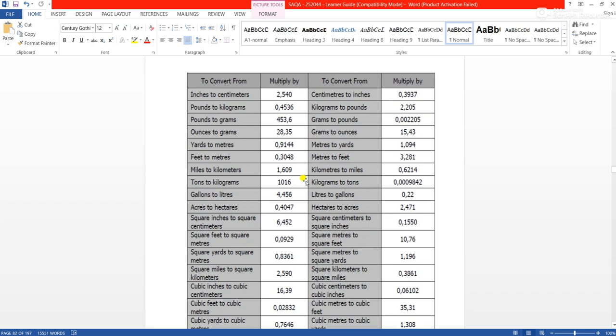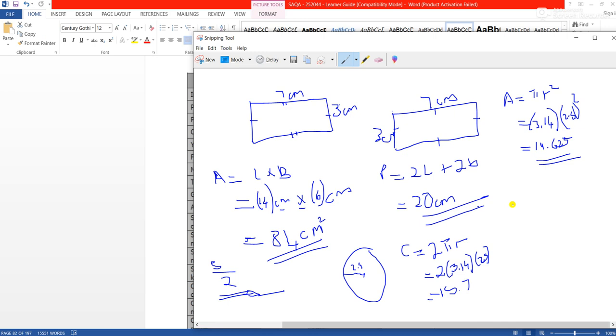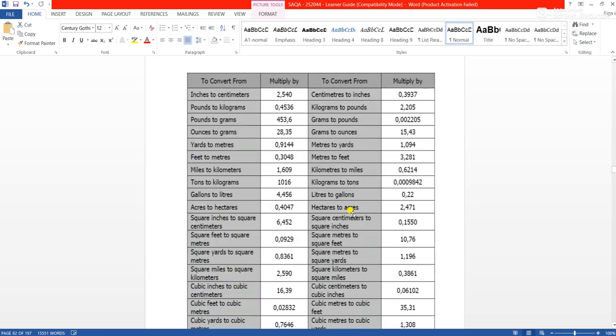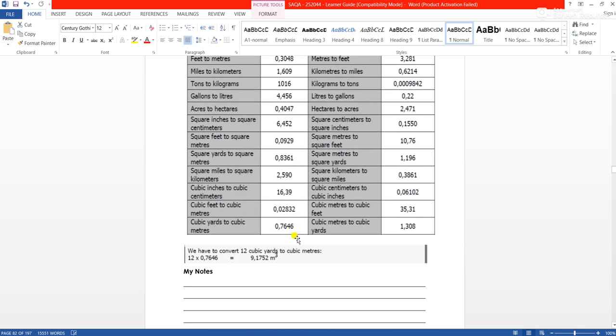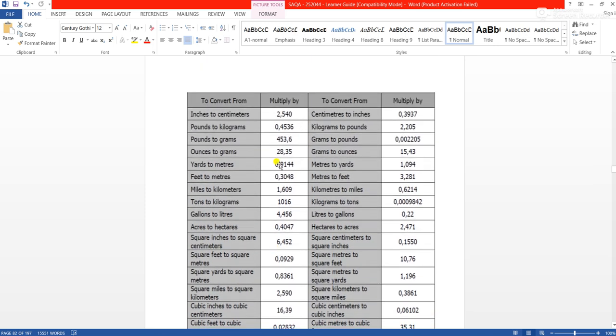It follows the same format that we used, converting from meters, where you multiply by a given value. So to convert from inches to centimeters, you multiply by this. The good thing is that you are given the values, and there's an example, so it's much easier to convert by following this instruction.